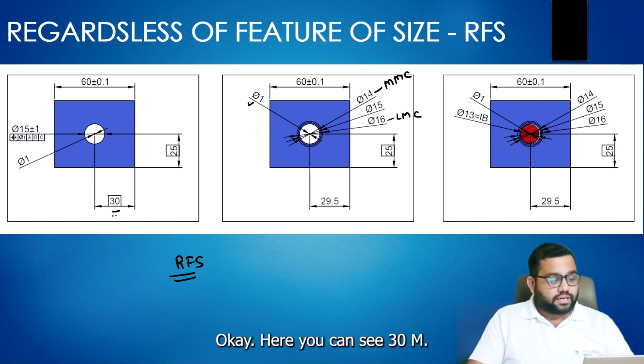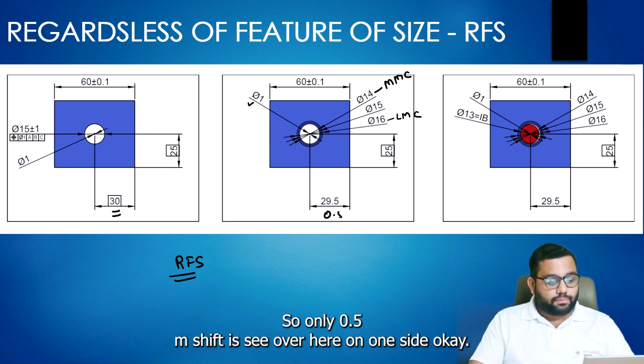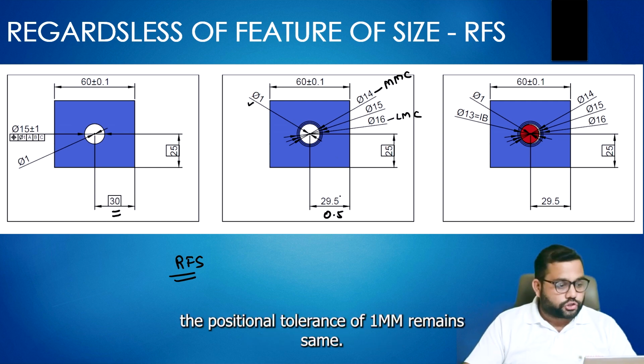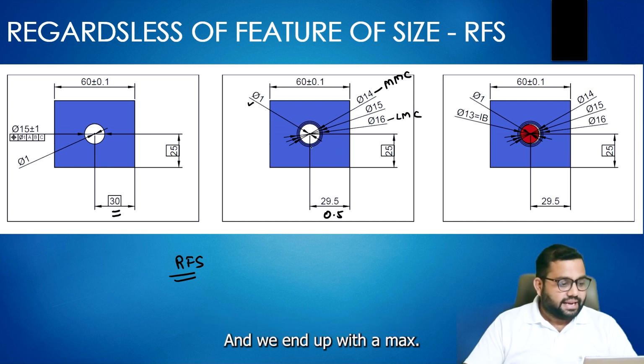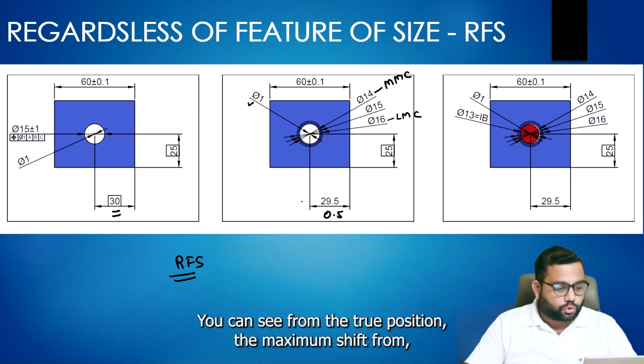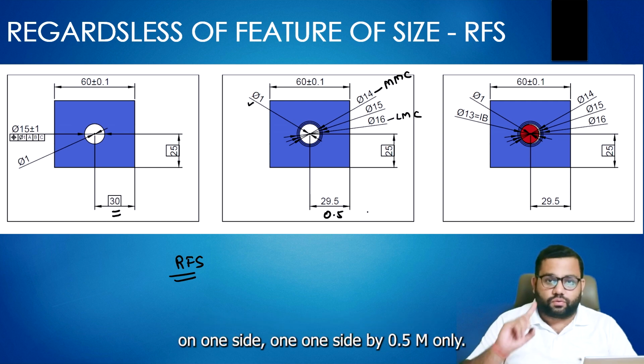Here you can see 30 mm, so only a 0.5 mm shift is seen on one side. Whatever the size of the hole within the limits of size, the positional tolerance of 1 mm remains the same, and the maximum shift from the true position on one side is 0.5 mm only.